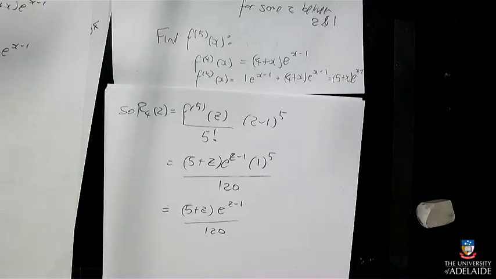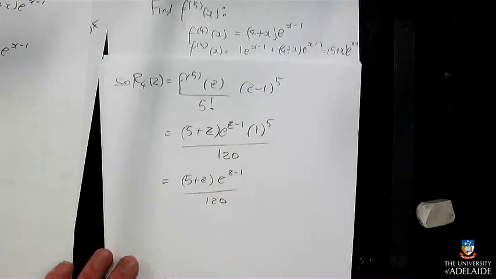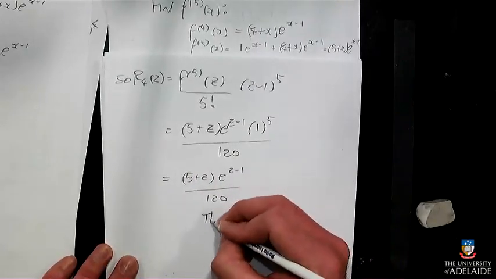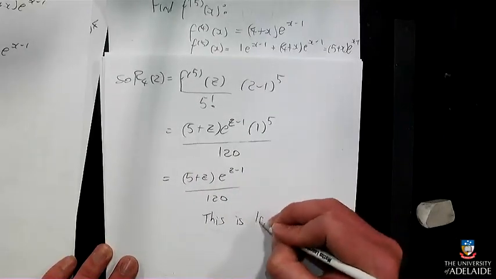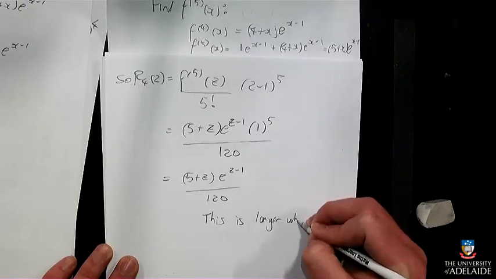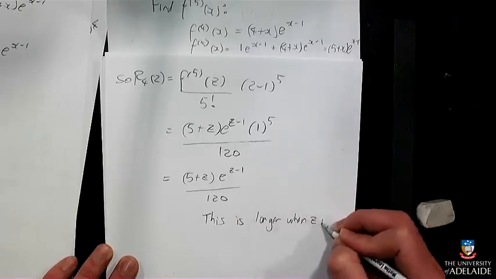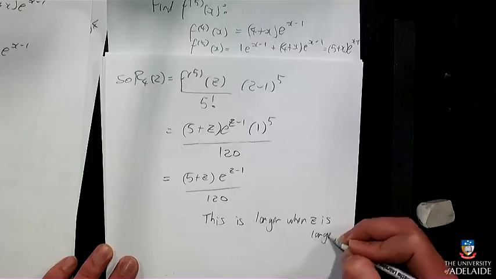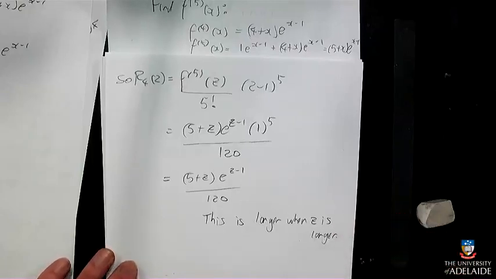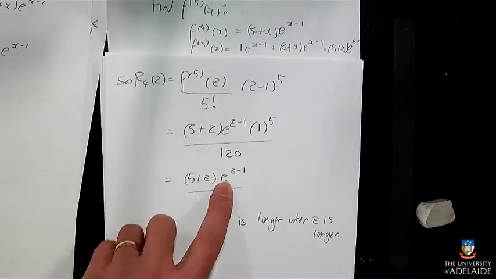And we do know that the z is somewhere between 1 and 2. So what you normally do is have a think about what happens when you choose different values of z here and see whether it tends to get bigger when z is bigger or whether it tends to get smaller when z is bigger. So when I look at this function, this is larger when z is larger. This is an increasing function, right?